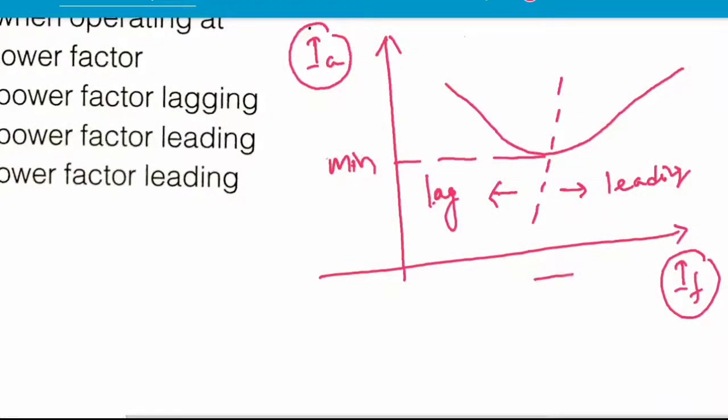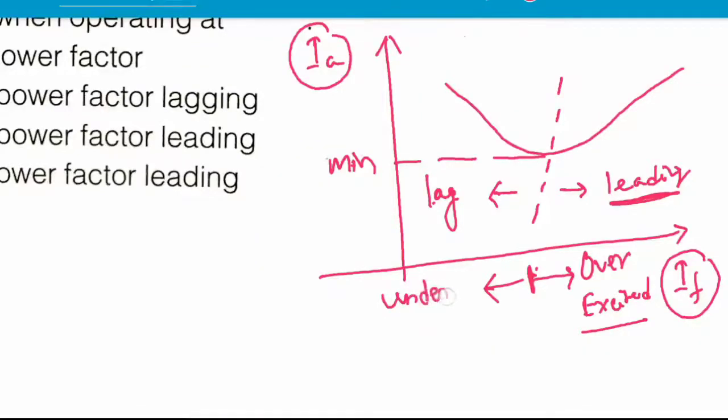This portion is overexcited, that is why the current is leading. This one is underexcited, that is why it is lagging, and this is the UPF, the unit power factor line.